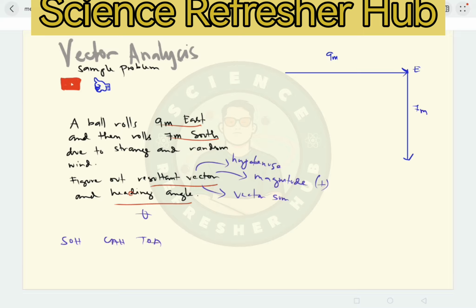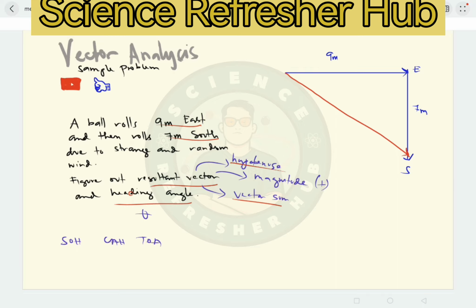Say, for example, it's like this, 7 meters south. Now let's try to get the resultant vector, or we call it vector sum or hypotenuse. You connect the line from the starting point all the way to the ending point.